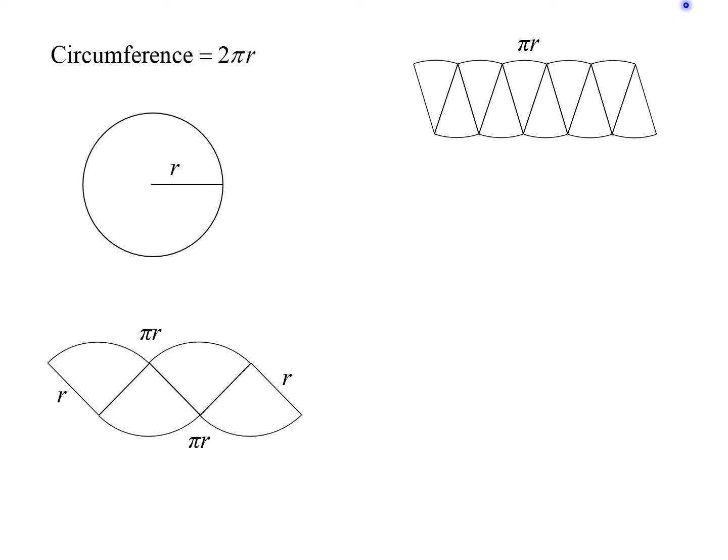And of course, the bottom is also pi r. You take the top and add to the bottom. That's the whole circumference, which is 2 pi r. This line segment has measurement of r, and so does the one over there.